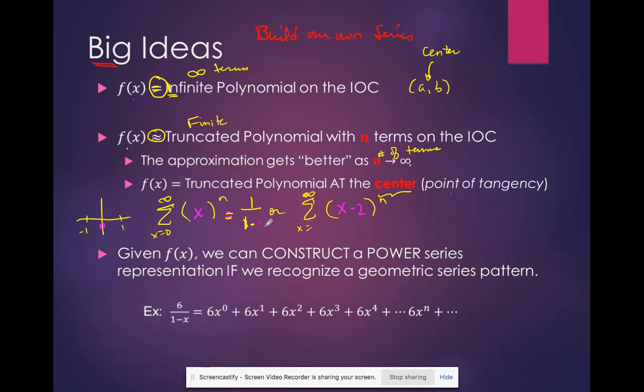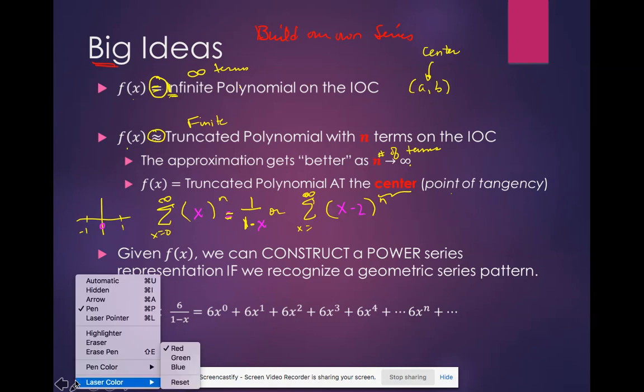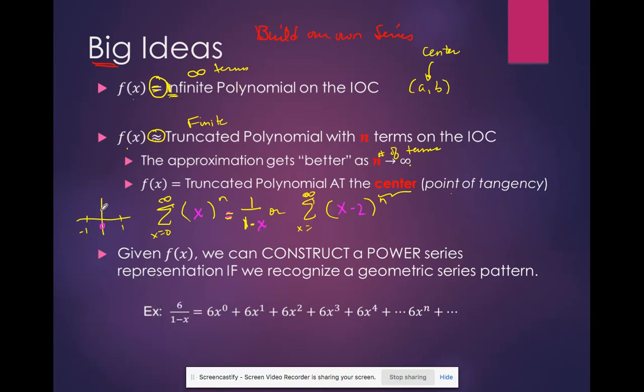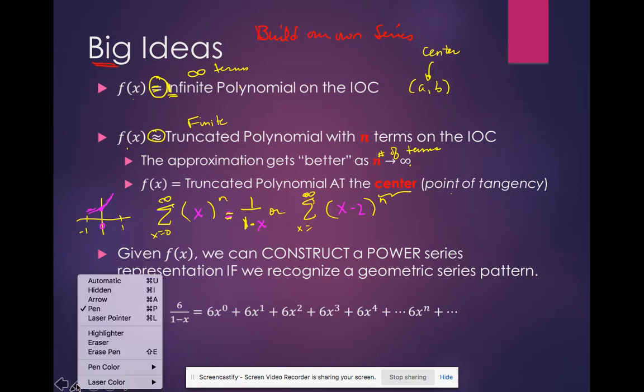My common ratio is covered up by this variable x. So the rational function 1 over 1 minus x, which looks something like this, on the open interval -1 to 1.